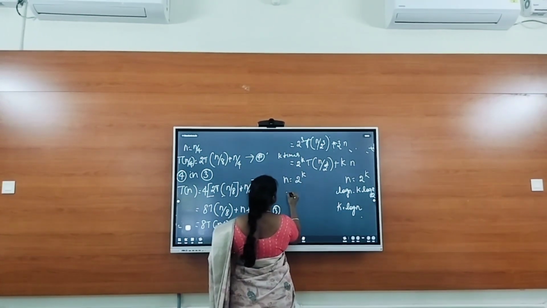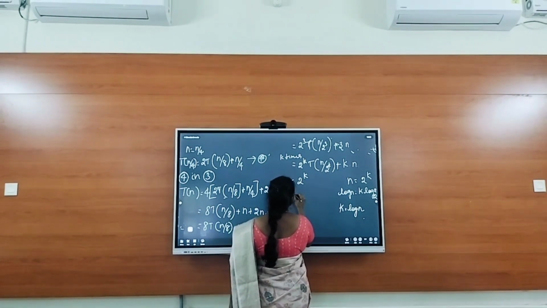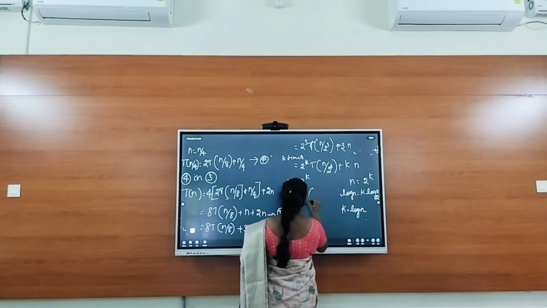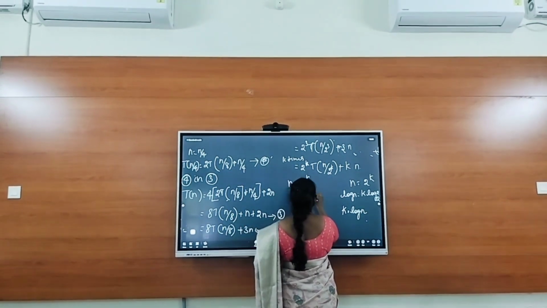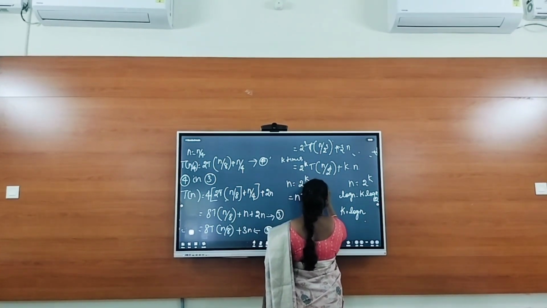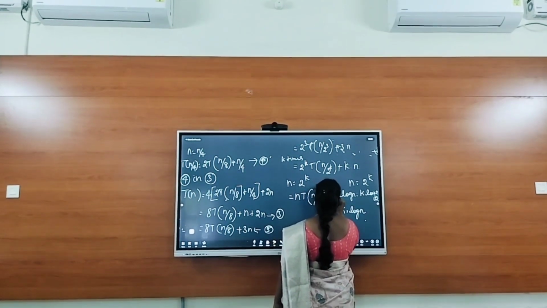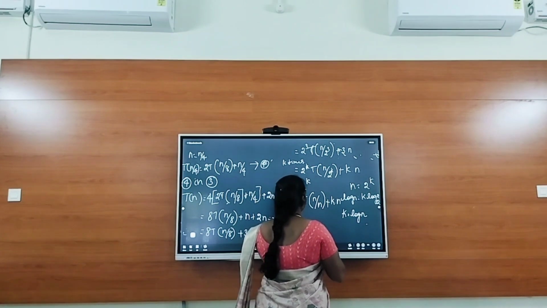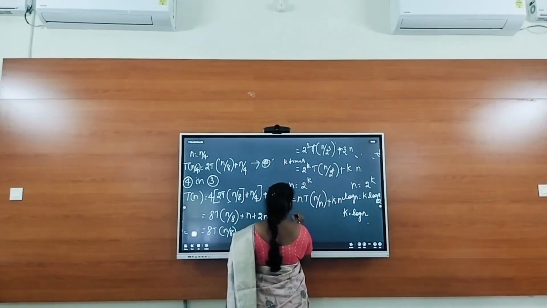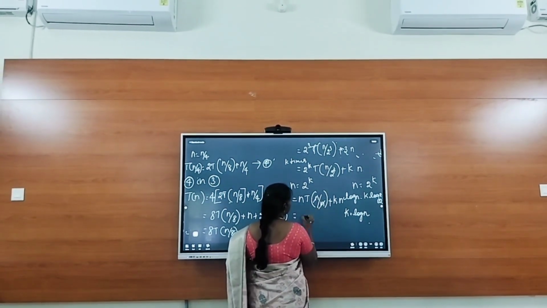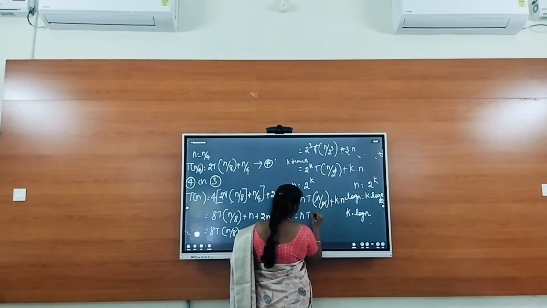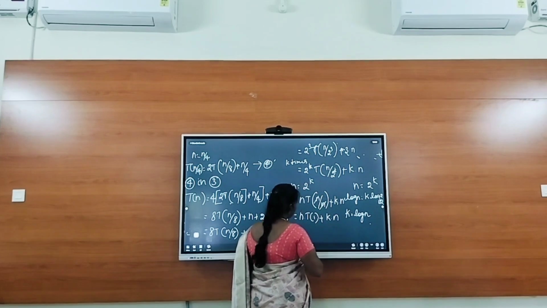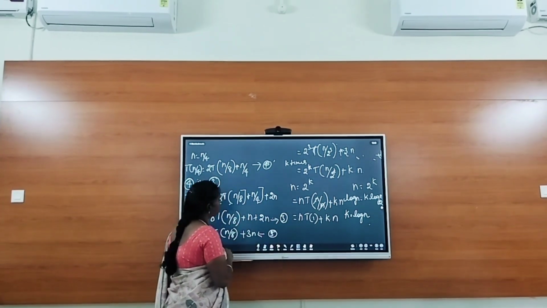So n is equal to 2 power k, so we get n into T of n by n plus k into n. So the n will be cancelled: n into T of 1 plus k into n. So what is the T of 1 value?